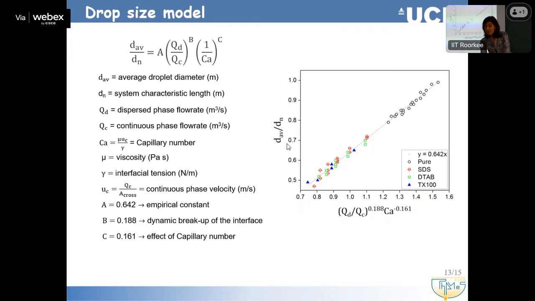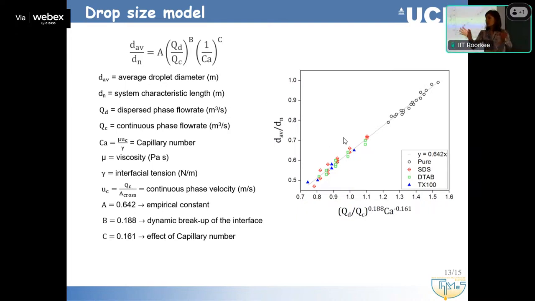This graph tells us that the drop size depends on the capillary number. If we know the drop size, we can calculate the capillary number. We can do the inverse, let's say. And from that, we can calculate the gamma, the interfacial tension. Is that clear?